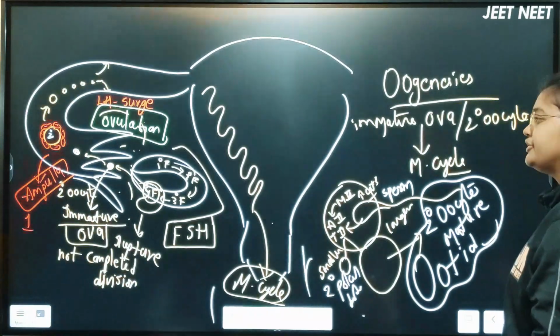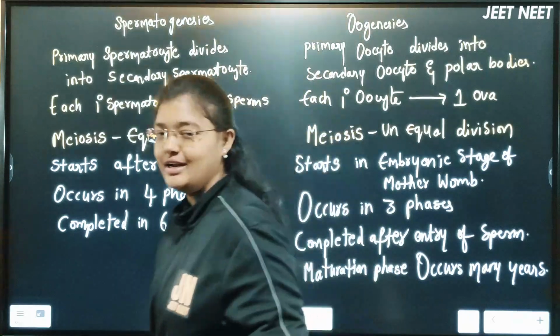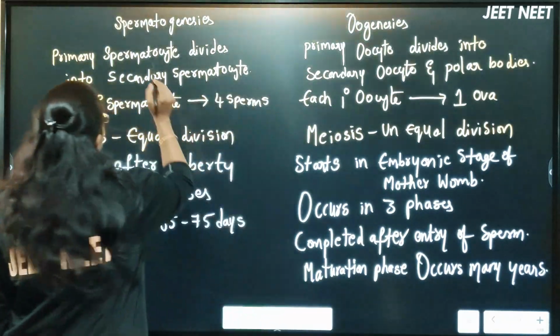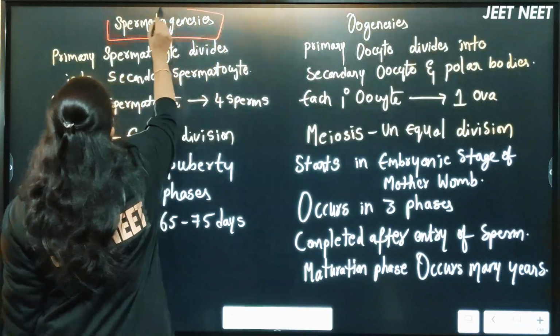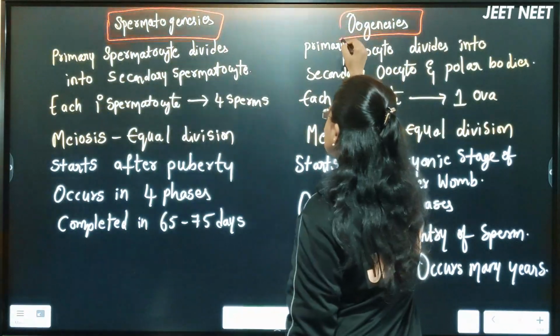Right. Now we'll discuss the differences between the spermatogenesis and oogenesis processes. Very simple but very important matter here. Spermatogenesis, and this is oogenesis here.